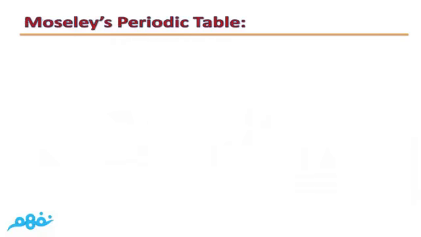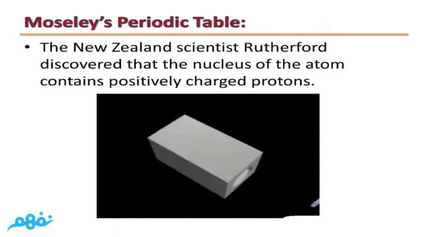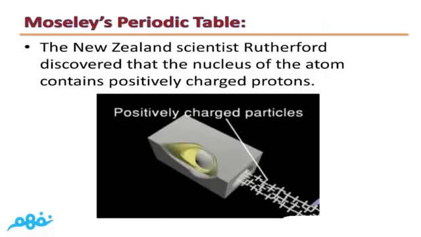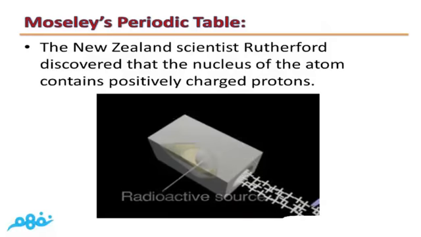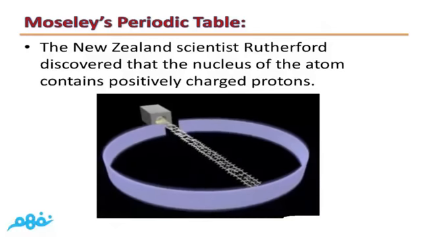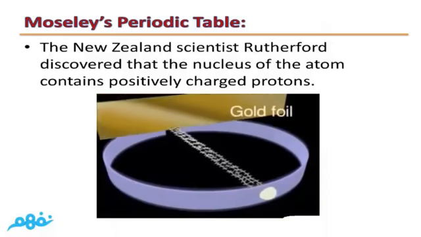Now let's talk about the second attempt, which was done by Moseley, Moseley's periodic table. The New Zealand scientist Rutherford discovered that the nucleus of the atom contains positively charged protons. This fact wasn't known before Rutherford.